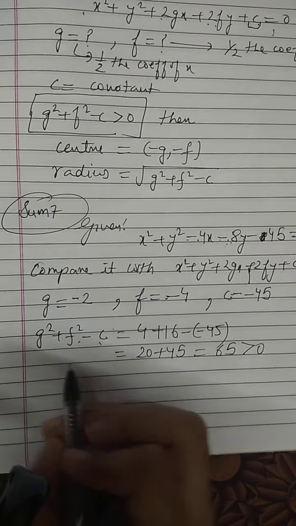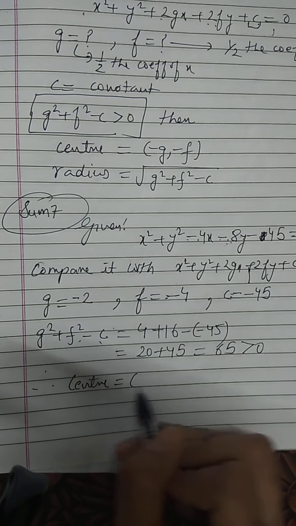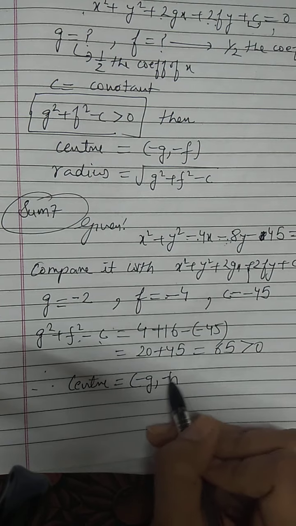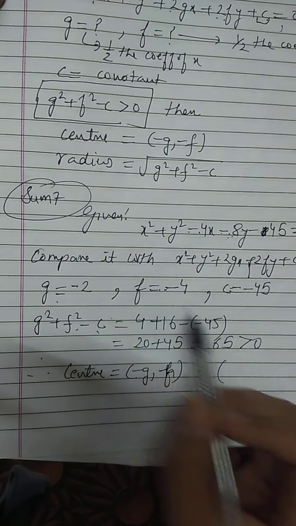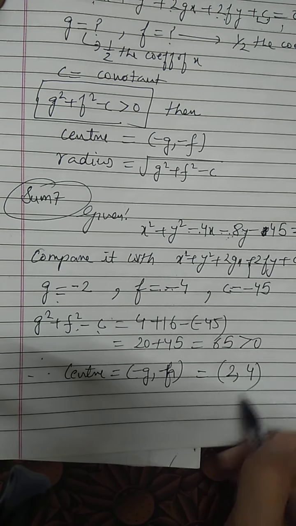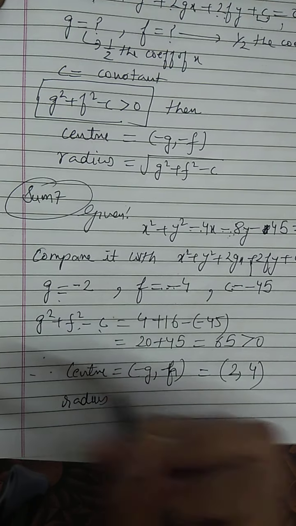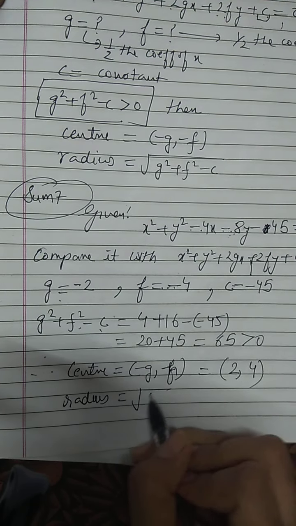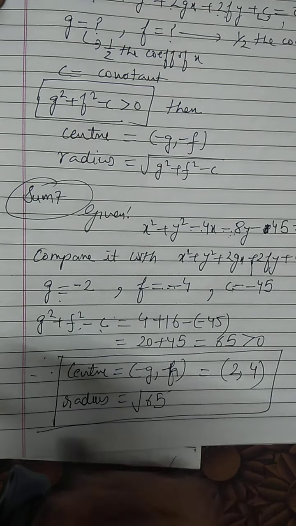Okay, so this is done. Therefore, what will be the center? Center is given by minus g, minus f. The value of g is minus 2, f is minus 4, so it will become 2 and 4. And what will be the radius? Radius is the root of this term, so it will be root of 65. So this will be our answer.